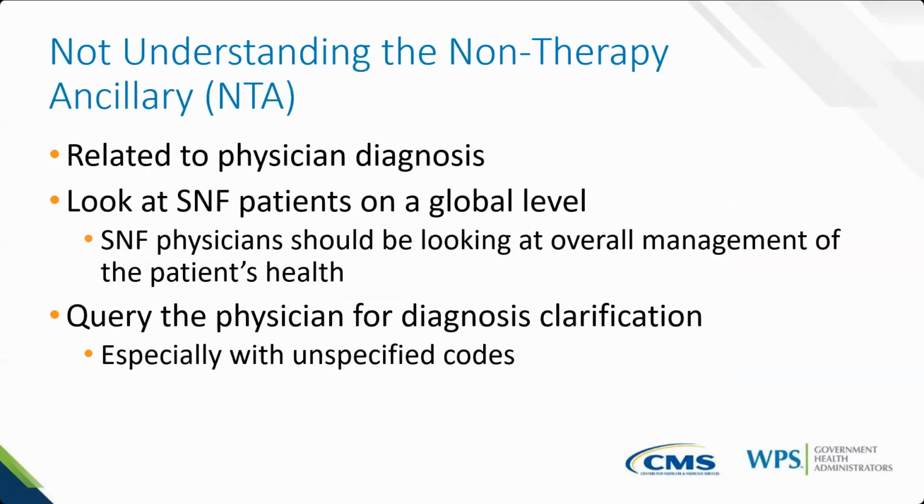All right, not understanding the non-therapy ancillary or NTA. We need to dive deep into hospital records to be sure if there are diagnoses that got dropped in the hospital and didn't come over in the transfer, that you are accurately identifying these things, because maybe they were not in the hospital for fibromyalgia, but they have it and are being treated for it.